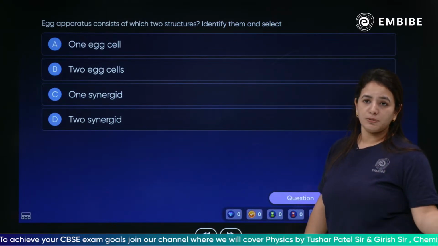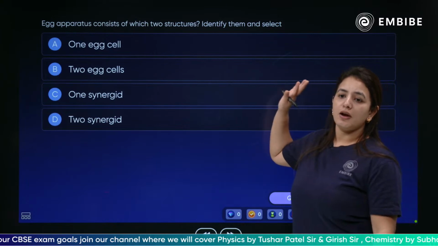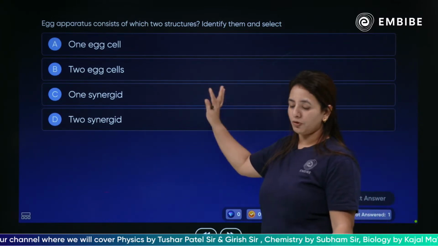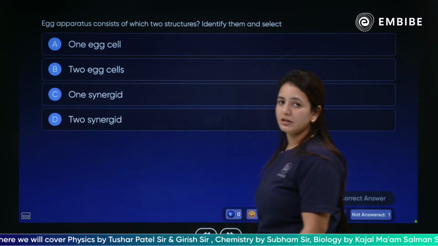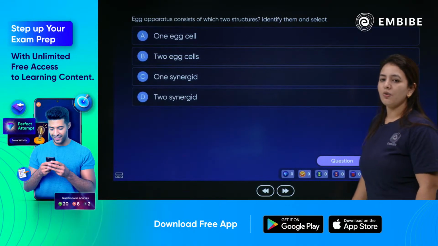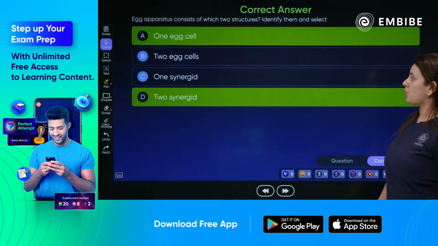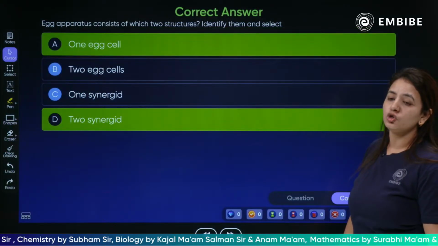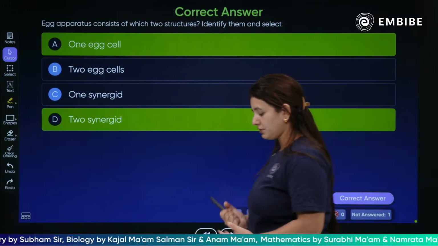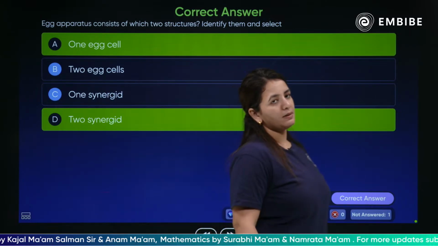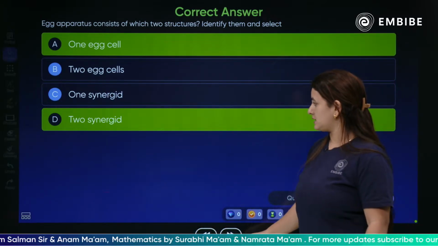I know this is not possible on YouTube, but if you register through the Embibe classes app, you can directly opt for this option and use your cursor for answering. So children, your egg apparatus has 2 structures: one egg cell and 2 synergids. This is what we have studied.